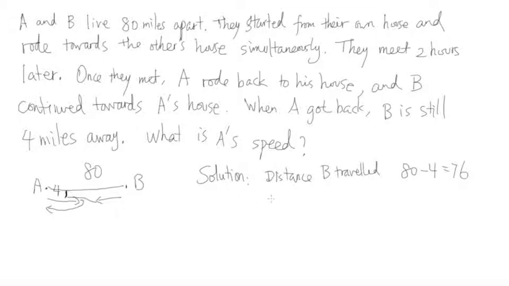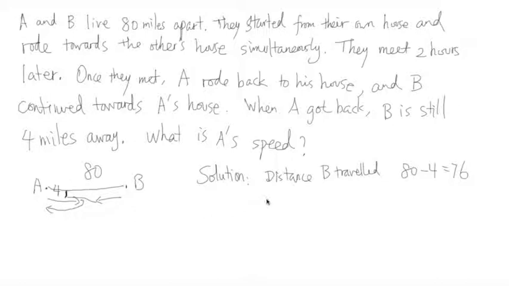Well, we need to know how much time B traveled. And what do we know? Well, we know that they meet after 2 hours at a certain point, but then A turns back. So do we know how long B traveled?